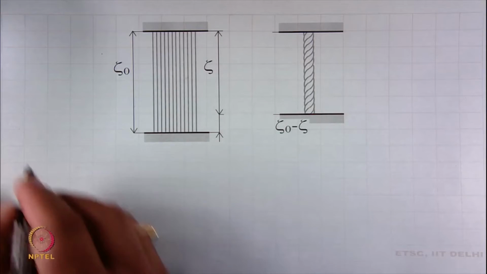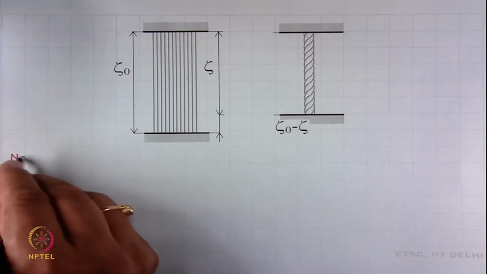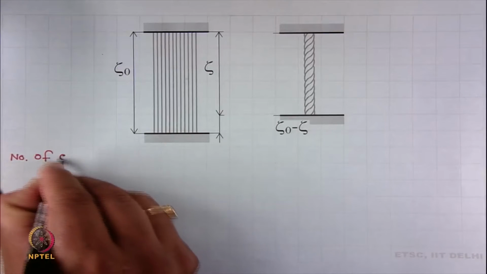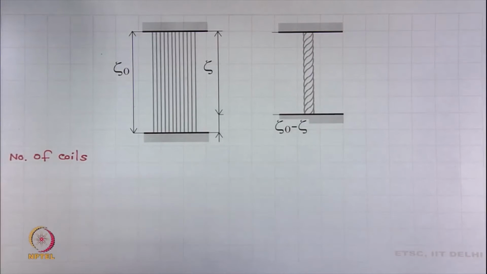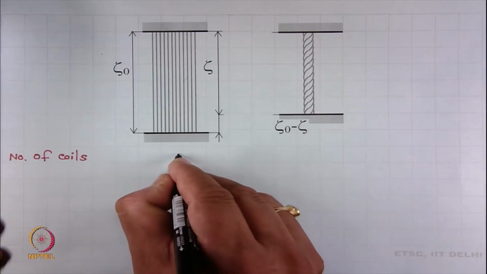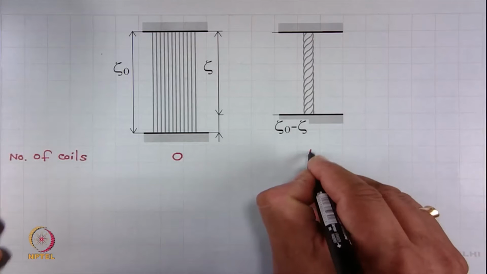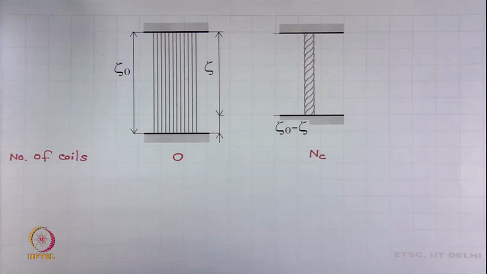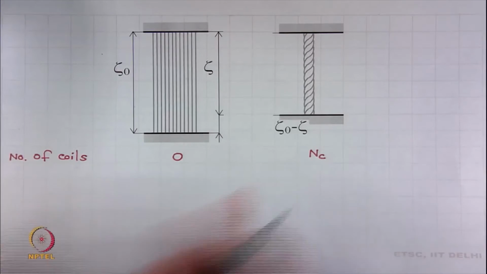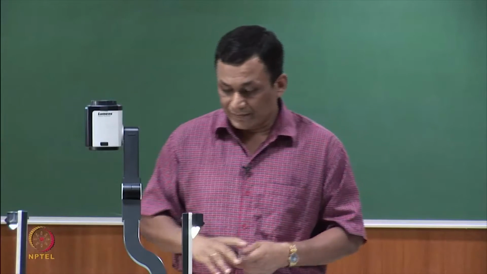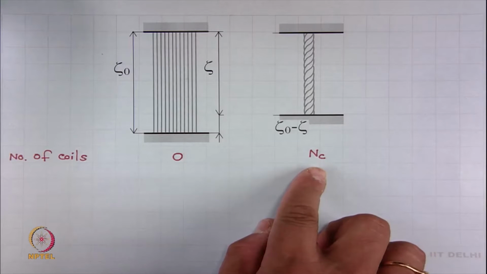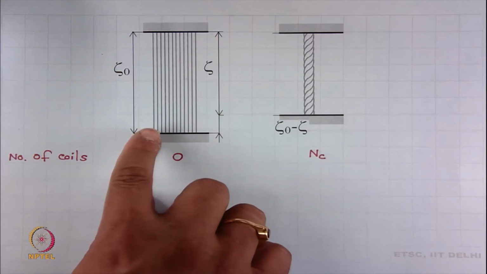Number of coils. Number of coils initially here is 0 and here it is, suppose, NC. Now actually, let us imagine that this number of coils was also present here, but in a latent manner.